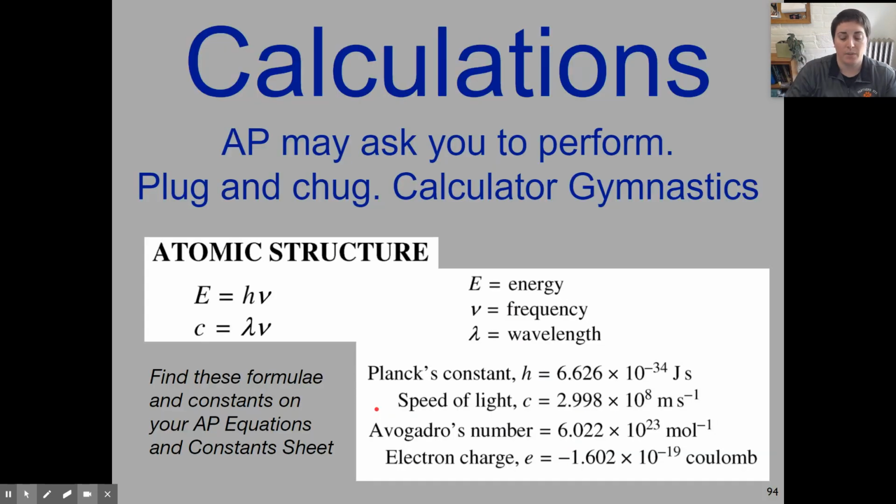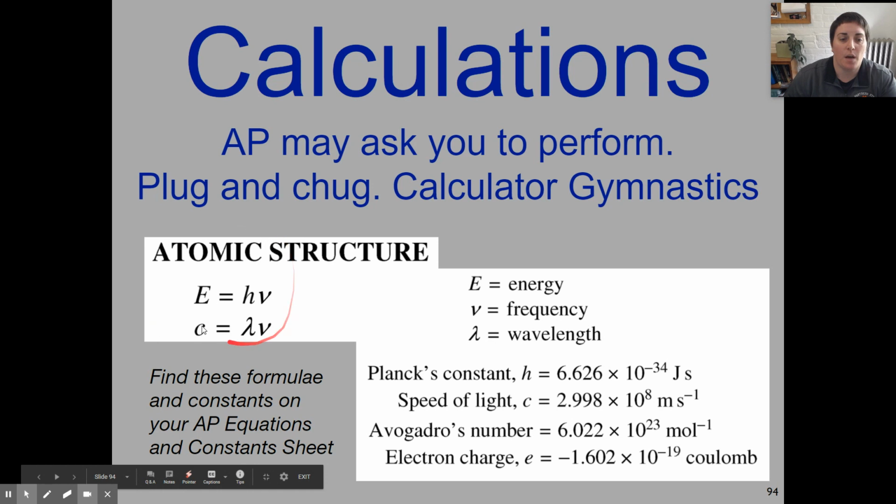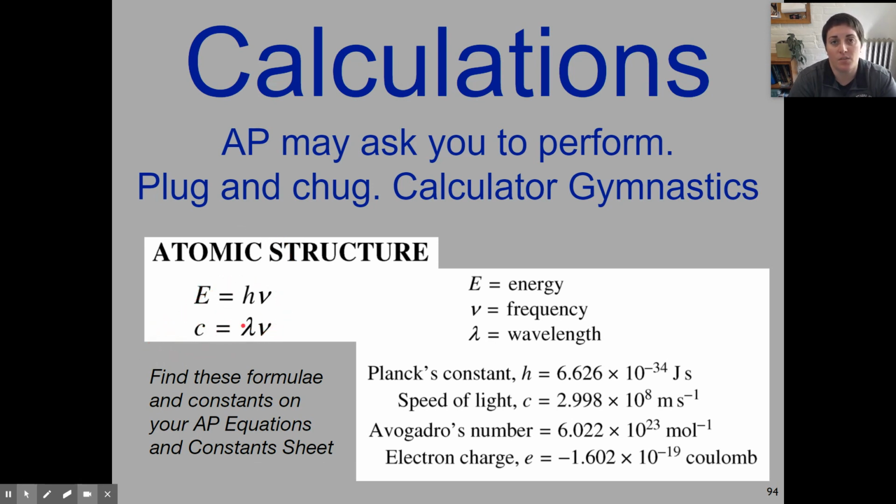So now that we have a little bit of an understanding of what exactly electromagnetic radiation is, the real place that it's going to come up in this course, the more important piece of this lecture, is with some calculations. There are two regions of your equation sheet that you should take a look at, and I recommend pulling that up right now and finding these equations. Under the atomic structure section, they give you two equations that can be used with electromagnetic radiation.